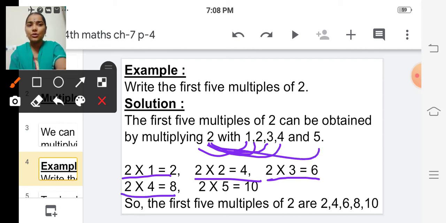And last one 2 into 5, so 2 fives are 10. So the first 5 multiples of 2 are 2, 4, 6, 8, 10.